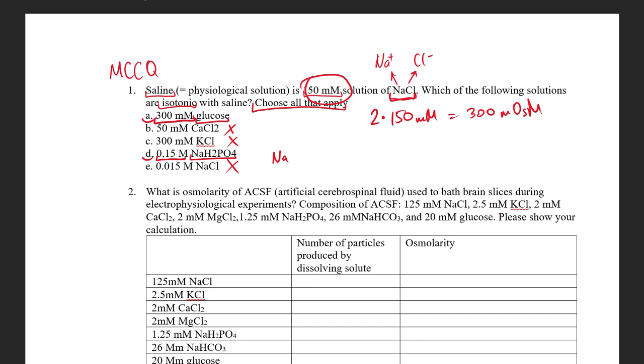So we have sodium and H2PO4 minus. So one particle and second particle. And because we have 150 millimolar concentration, it also gives us 300 milliosm. So the correct answers are A and D. Those who chose either of these answers will have the full mark.